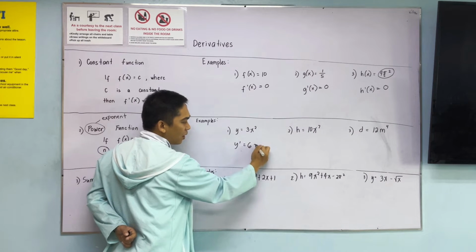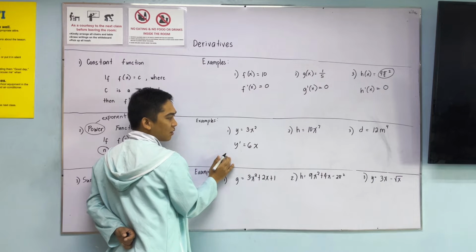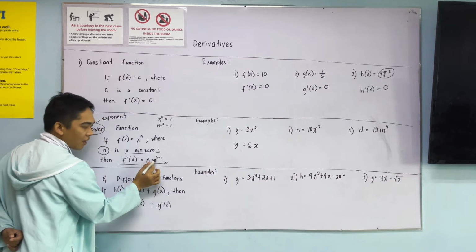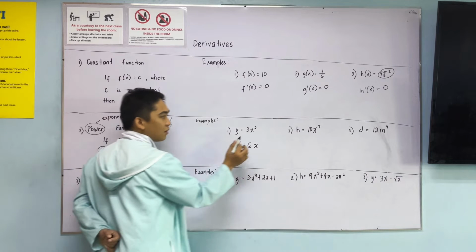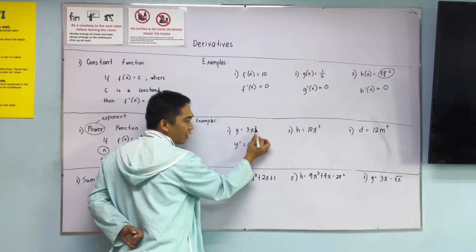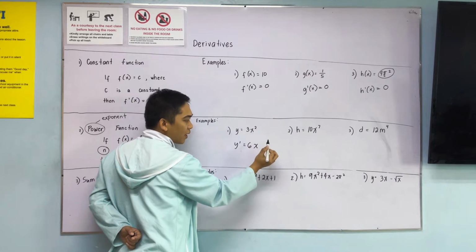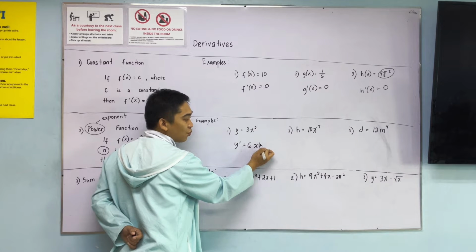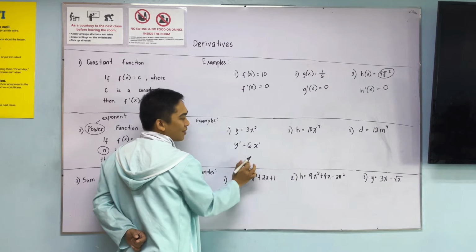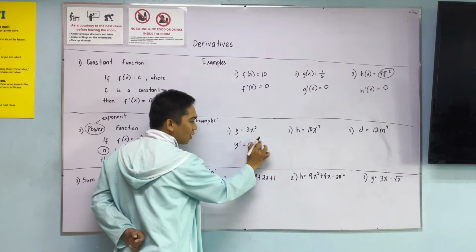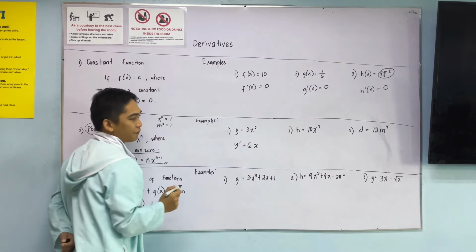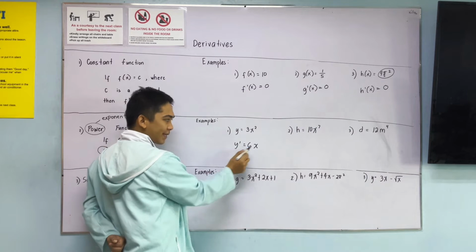Copy the variable, so that is x. Then n minus 1. In this case, our exponent is 2, so 2 minus 1 is equal to 1. Since this is 1, understood that if we erase this, that is equal to 1. Or simply 6x.